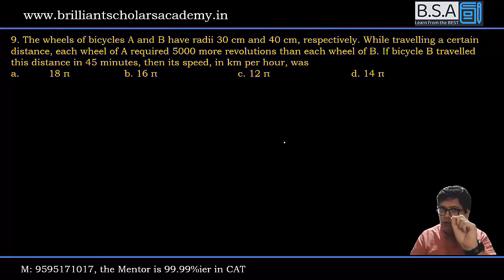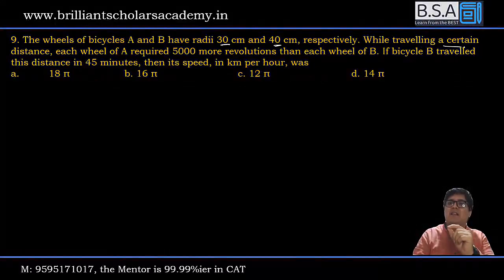So focus on these parts. These two bicycles have wheels of different radius. While traveling a certain distance, when you say Ramesh and Suresh are traveling a certain distance, they are traveling same distance.